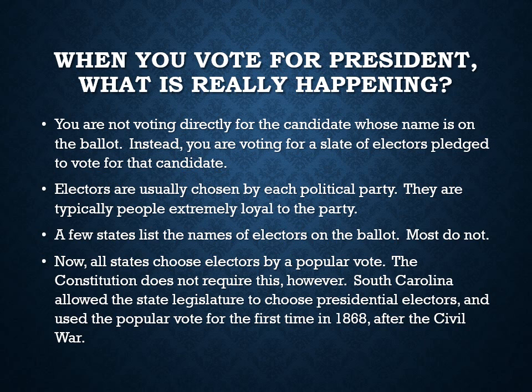So there is no guarantee that individuals can choose a president or have any role in that directly. But right now, all states use a popular vote to choose electors.